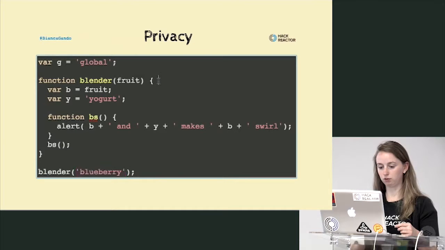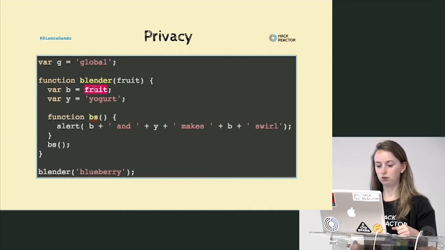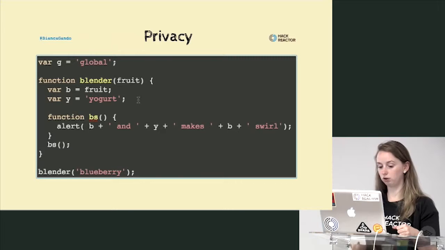That's when I come into the function body. And in the function body, fruit is now blueberry. So B is blueberry. Then we're saving Y as yogurt, a string. And then we see this function. We skip over the function body until we get to this last line here, in which we call the function.